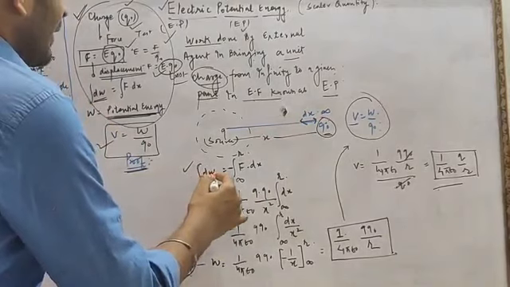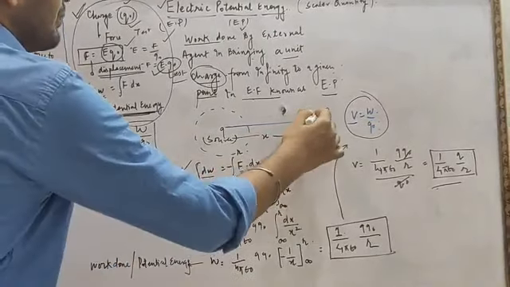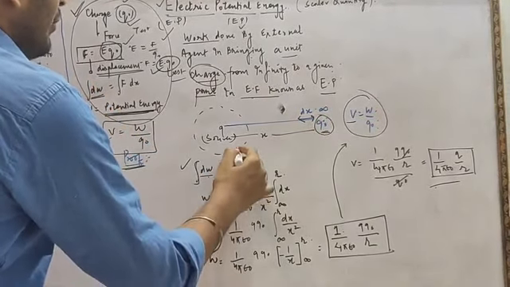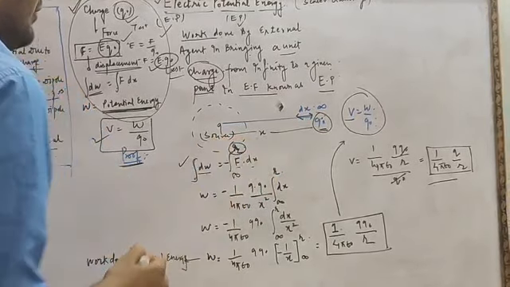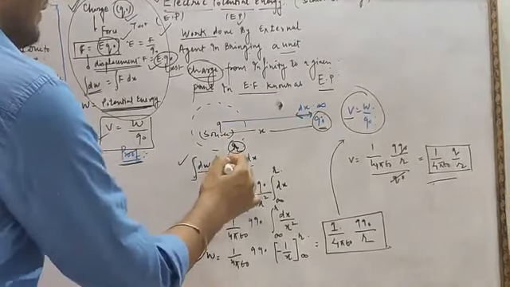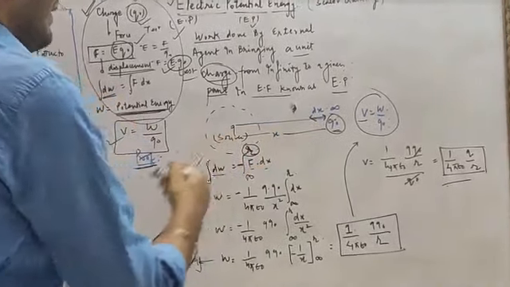We know very well work done equals force into displacement, with limits from infinity to R. This minus sign is because we are doing the work against the electric field.